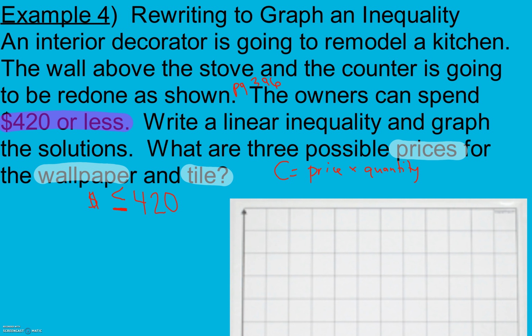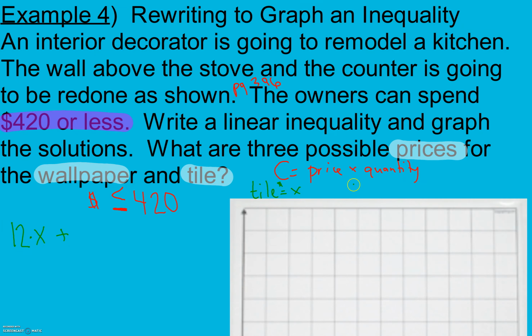So to find our cost for tile, I'm going to make tile be X, it doesn't matter. We take 12, because that's how much we need, that's our quantity, times our price for tile, which here is going to be X, and tile price.